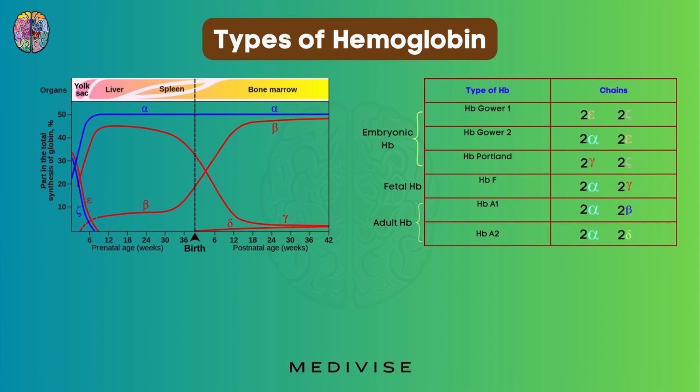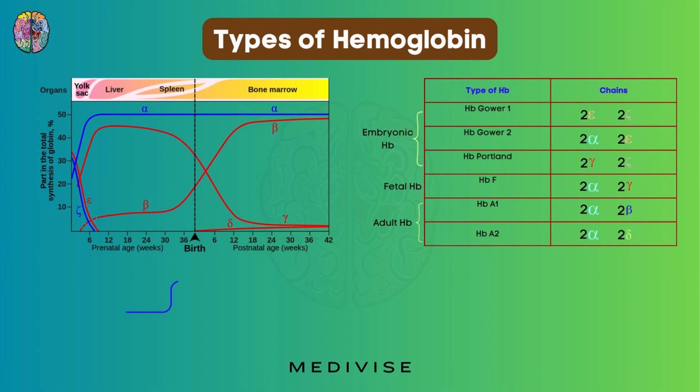Now you must be thinking, what about HbA2? Where is that? On the right side of the graph, you can see that there is a very small quantity of delta chain. So a combination of alpha chain and this very small amount of delta chain gives us HbA2, which is why, out of all of the hemoglobin in a human body, only about 2 or 3% is contributed by HbA2.